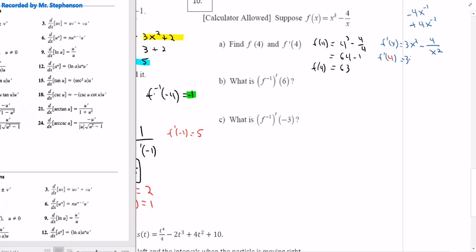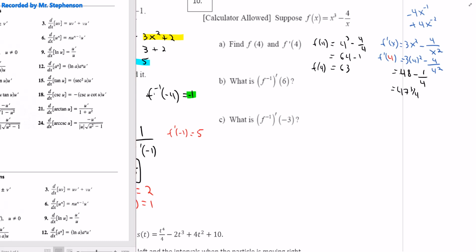So it's going to be 3 times 4 squared minus 4 over 4 squared. 4 squared is 16. 16 times 3 is 48, minus 4 over 4 squared, which is 1 over 16 times 4, which is 1 over 4. So I have 48 minus 1 over 4, which turns out to be 47 3/4. I'm not sure which notation is going to be easiest here, so let's just leave that as that for now.